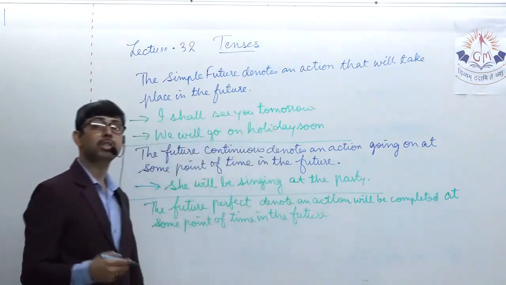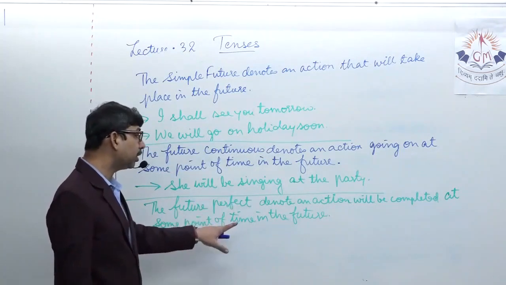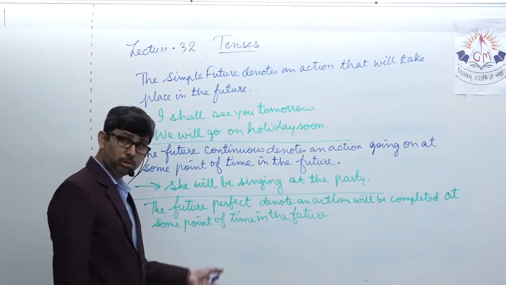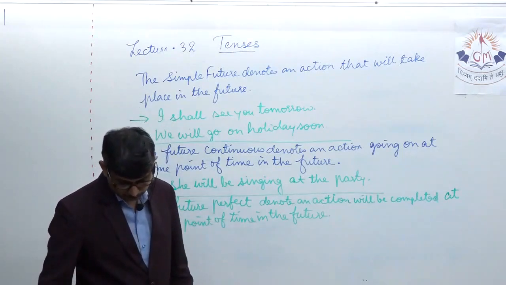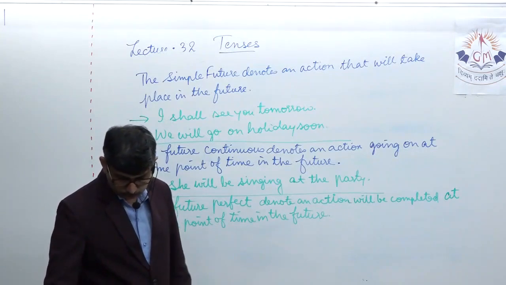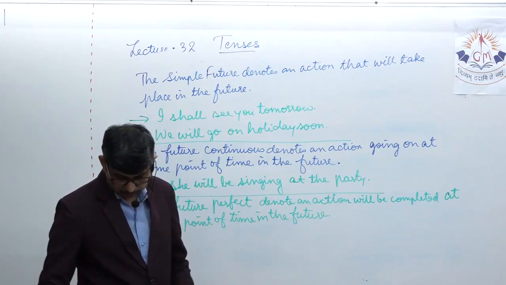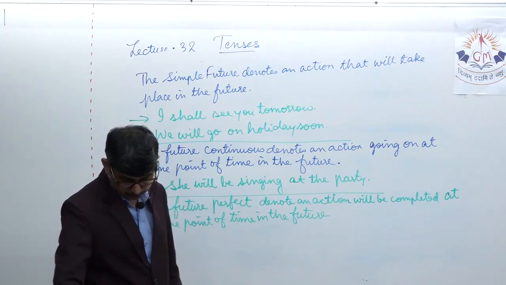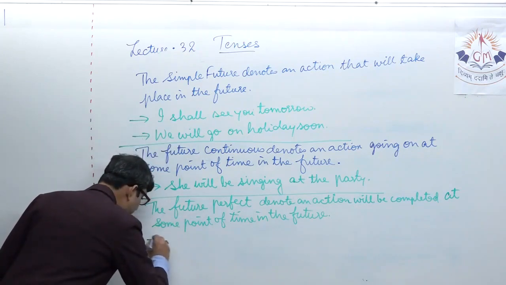So in the future this is going to happen. The future perfect indicates the completion of an action, not now, not in the past, but the time yet to come. Let's see a few examples to understand the future perfect definition better and see what is used inside it.